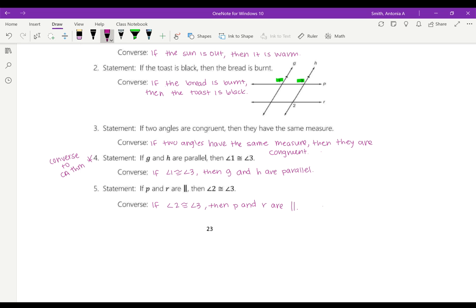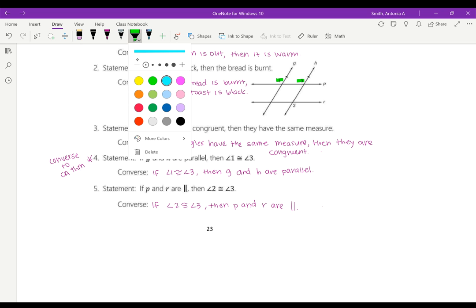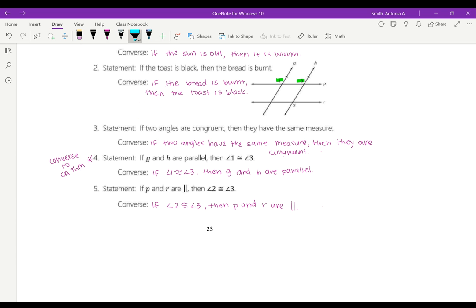And statement number 5 says, if P and R are parallel, then angle 2 is congruent to angle 3. So if angle 2 is congruent to angle 3, then P and R are parallel. Well, angles 2 and 3 are alternate exterior angles. So this would be the converse to the alternate exterior angles theorem.